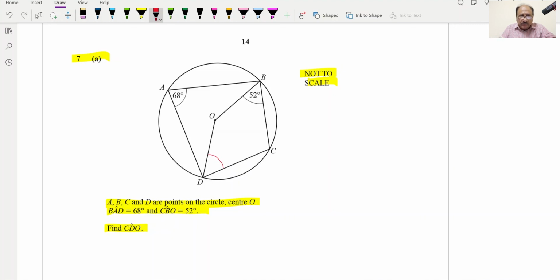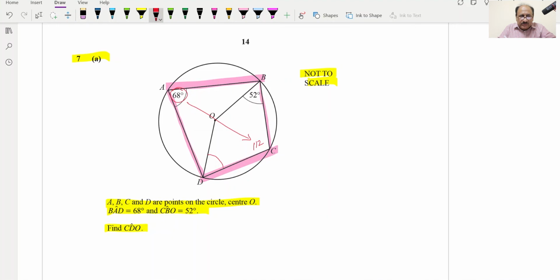This will be like we can figure out this is cyclic quadrilateral. Which is cyclic quadrilateral? This one I'm talking about. This one. This is cyclic quadrilateral because all four vertices are on the circumference. So if this angle is 68, opposite angle will be 180 minus 68, so this will be 112.